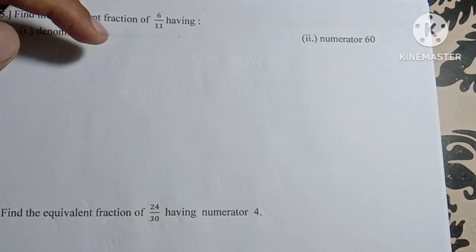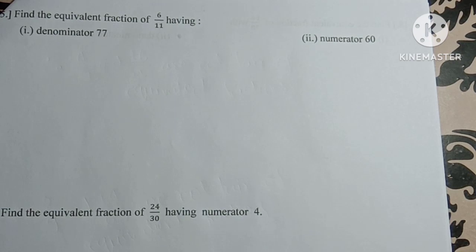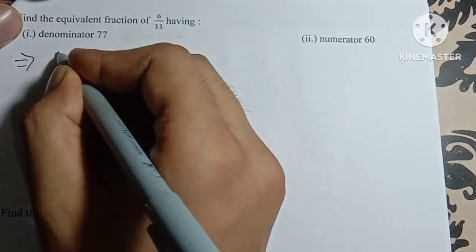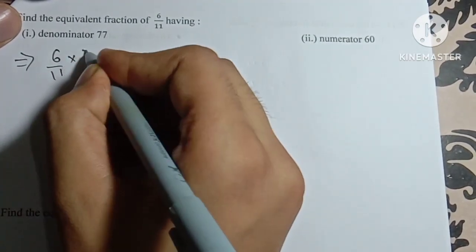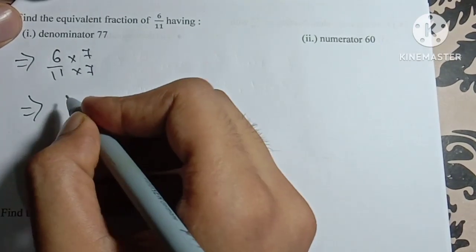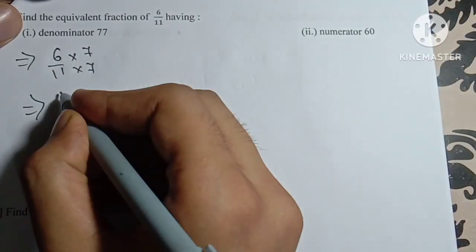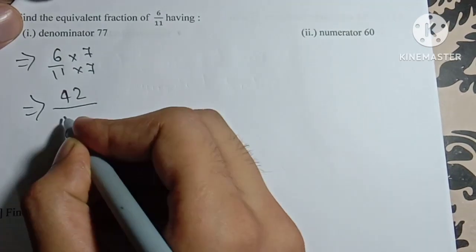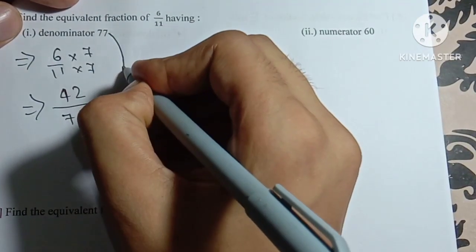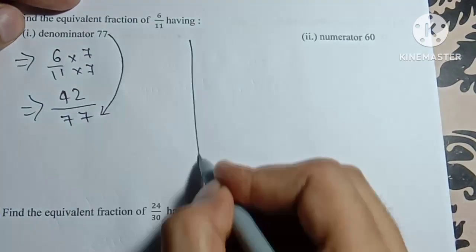In the 11 table, 11 times 7 will give 77. So we have to multiply this given fraction by 7. On doing so, we will get a fraction that looks like this, 42 upon 77. We have fulfilled the wish of the author, that is, the denominator is 77.